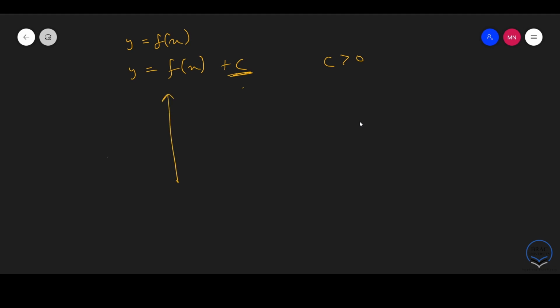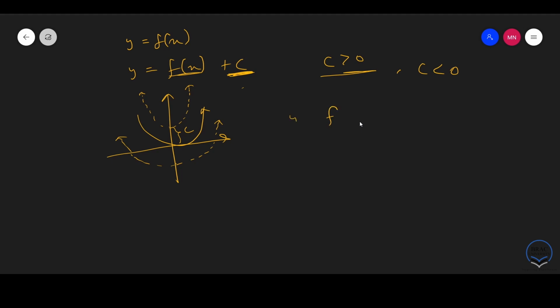So if we have a graph of a parabola like this, and if we add c units to our function, and c happens to be positive, then the graph will just be shifted upwards by c units. So this will be c units. And similarly, if c is less than 0, then the graph will be shifted downwards by c units.